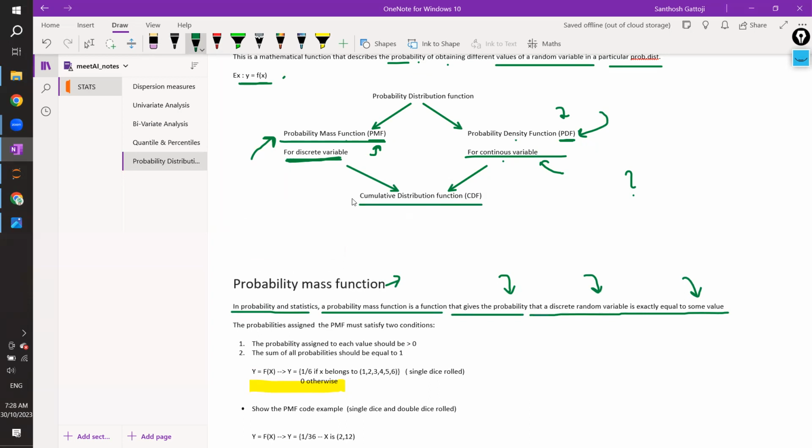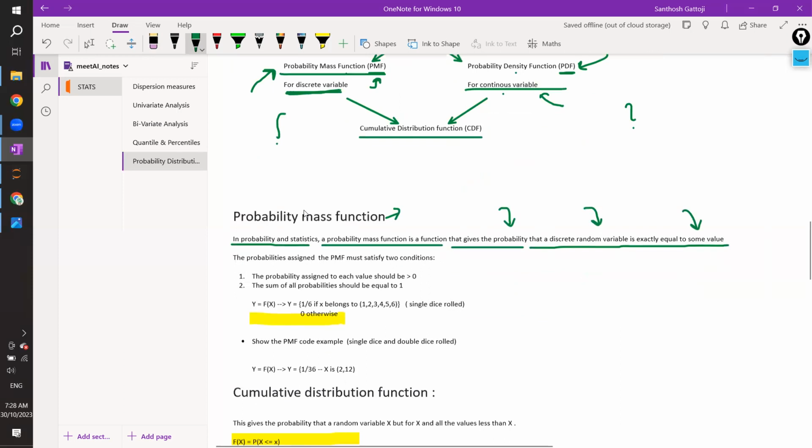Any confusions, guys? Any doubts? Any clarity missing? Or are we going on track? Gone. Sleeping. Oh my God.